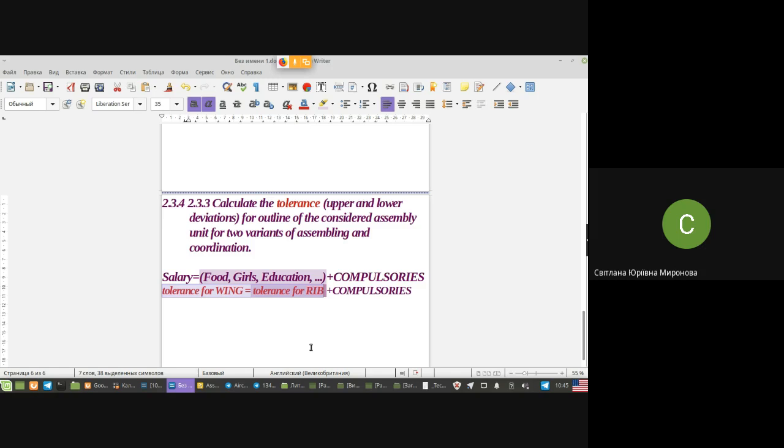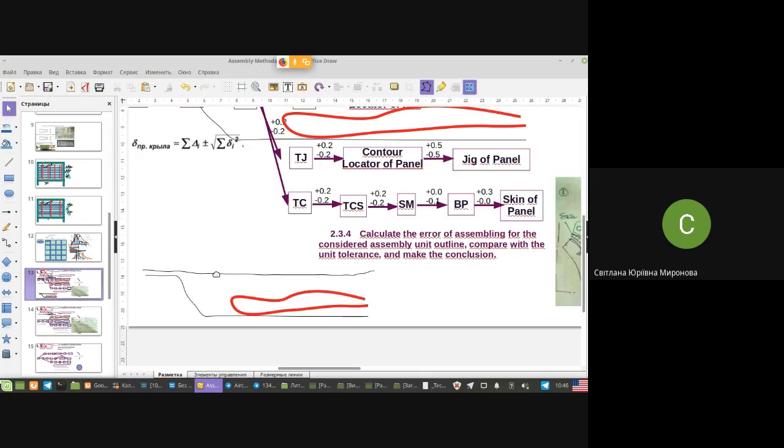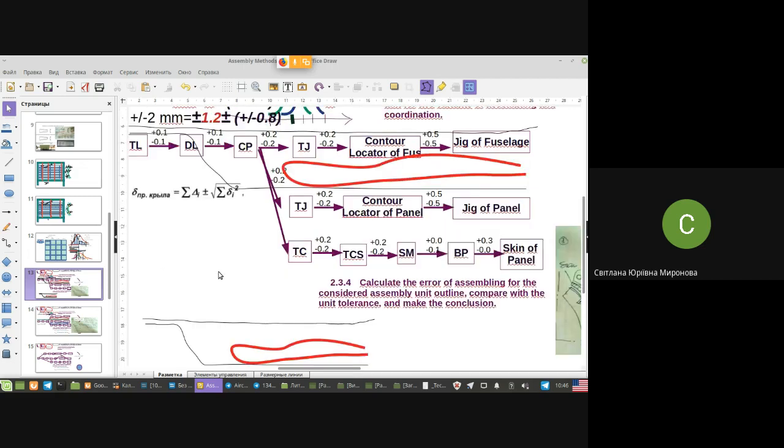To be frank, I said wrong. Not miscoincidence of wing and rib, but some miscoincidence of wing, which consists of these ribs, spars, to expected values. Well, let's come back here. So we need to know the error of coordination of jigs.